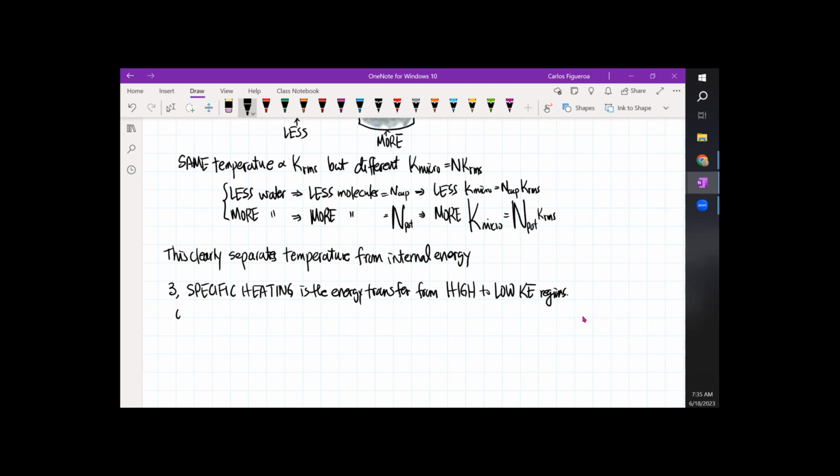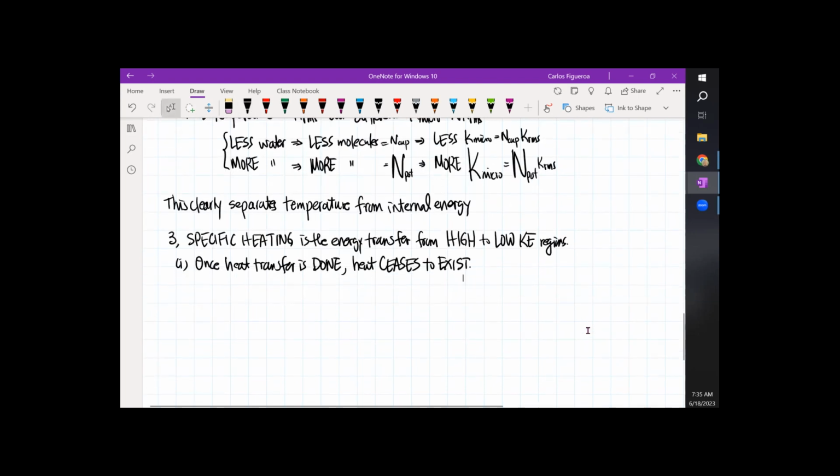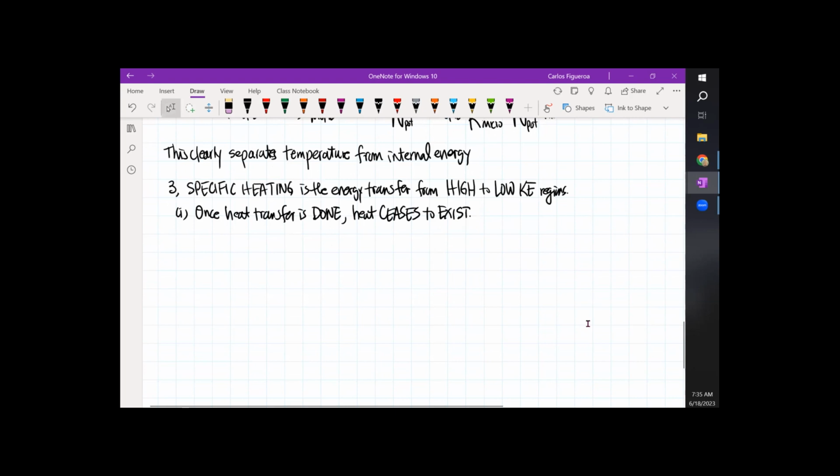So the first key point that I want to talk about is that it says once heat transfer is done, heat ceases to exist. It doesn't occur anymore. So picture-wise, how do I actually show that?